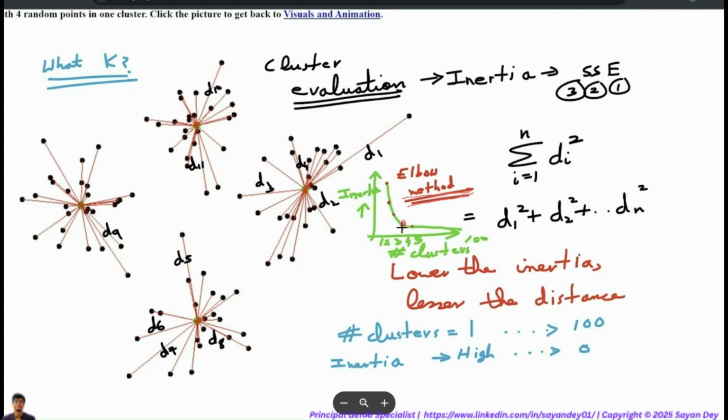From one cluster to four clusters, it has dropped a lot. Four to five, five to six, six to seven is kind of stagnant. It won't be exactly stagnant, it will still reduce, but the rate of reduction is low. So that is the bend that you are trying to find. This is one of the most rudimentary ways we can use to determine the optimum number of clusters in clustering.